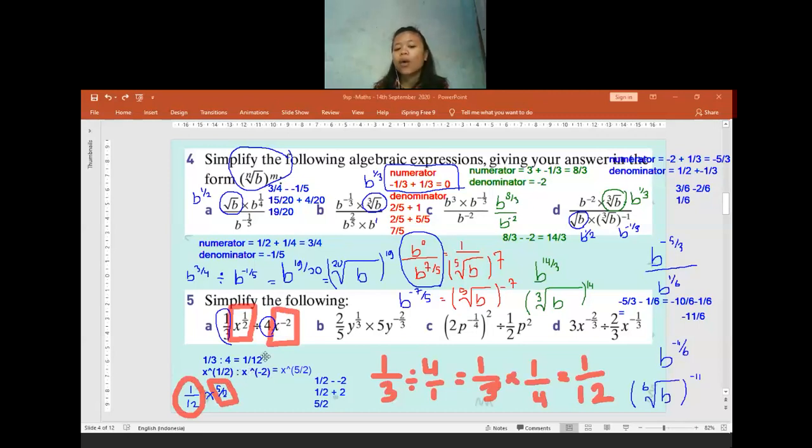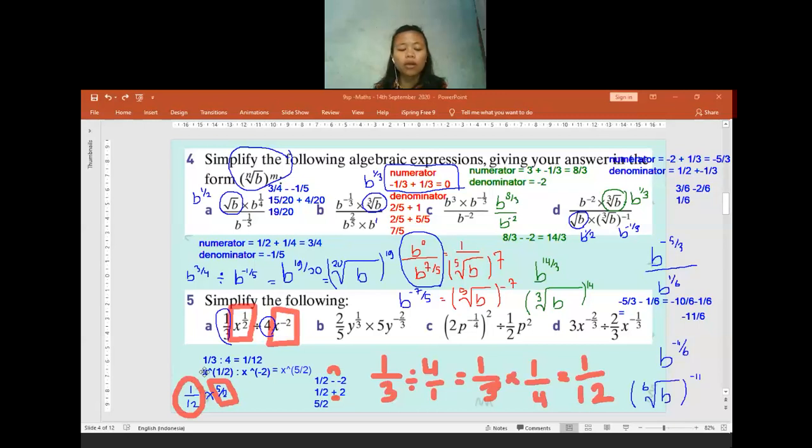It is division, so we have to do subtraction. So the power will be a half minus negative 2. Minus and negative combine to become positive, so we have a half plus 2.